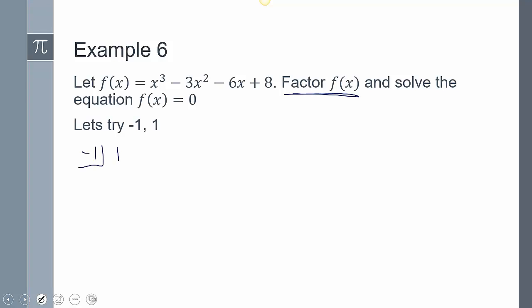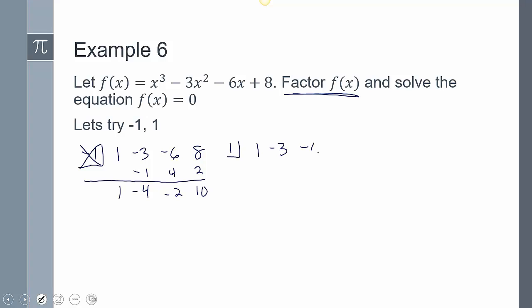If I try -1, writing my coefficients, bring down the 1, multiply, add, multiply, add, multiply. Okay, 10. Nope. So -1 doesn't work. Let's try a positive 1. Bring down the 1, multiply, add, multiply, add, multiply, add. So it works. It was able to break down.